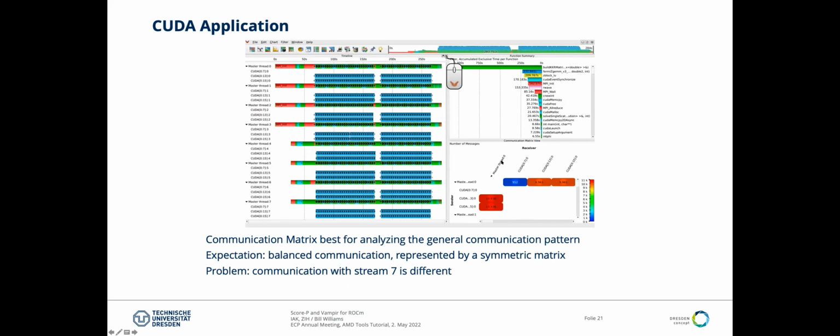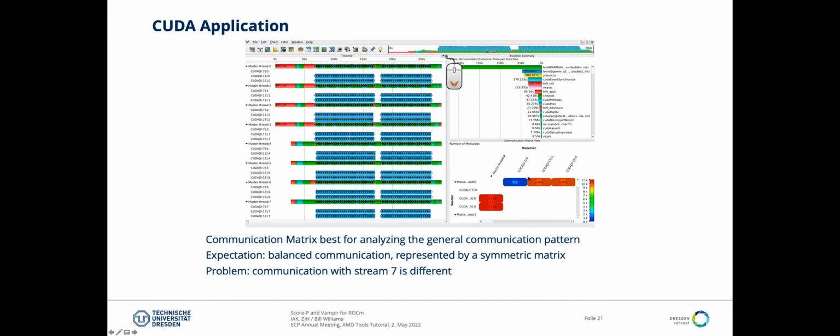And where we start here is with the communication matrix. So we've zoomed back out here to look at the entire application and not just a single window. Our communications have been consolidated into these circles representing bursts.